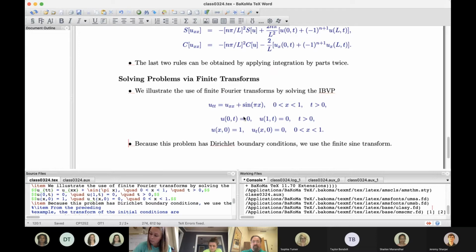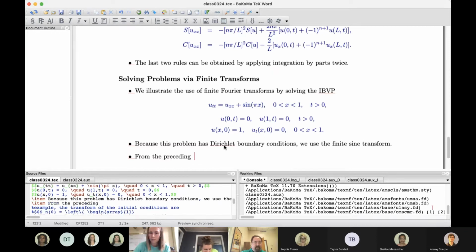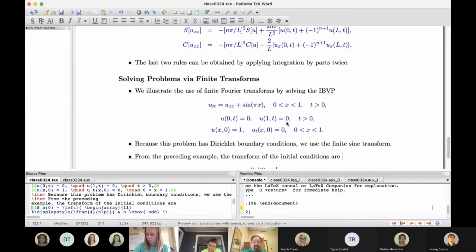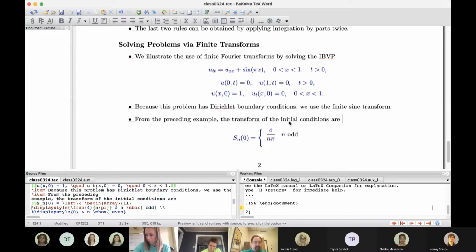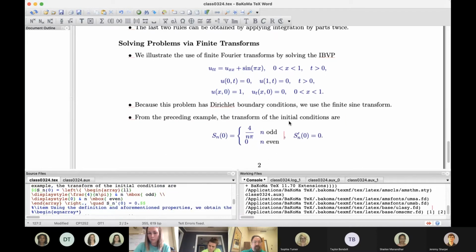If it's du/dx that is specified, that's Neumann boundary conditions, you should use the cosine transform. So here we have u is equal to 1 as our initial data. So we can use that result to take a Fourier sine transform of the initial data.